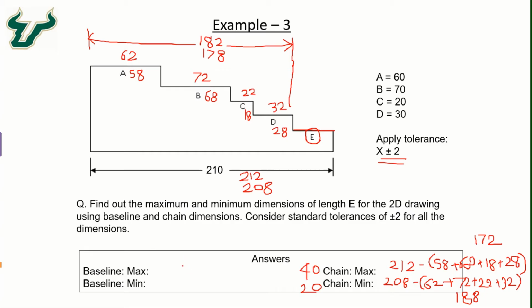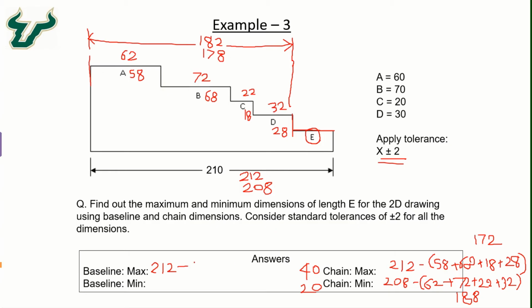Now let's work these numbers for the baseline scheme. In the baseline scheme, again, the maximum overall is 212, and the distance from the baseline edge up to the beginning of this step for the length E is 180 when we add A plus B plus C plus D, and applying the tolerances of plus minus 2, that comes out to be 182 and 178.